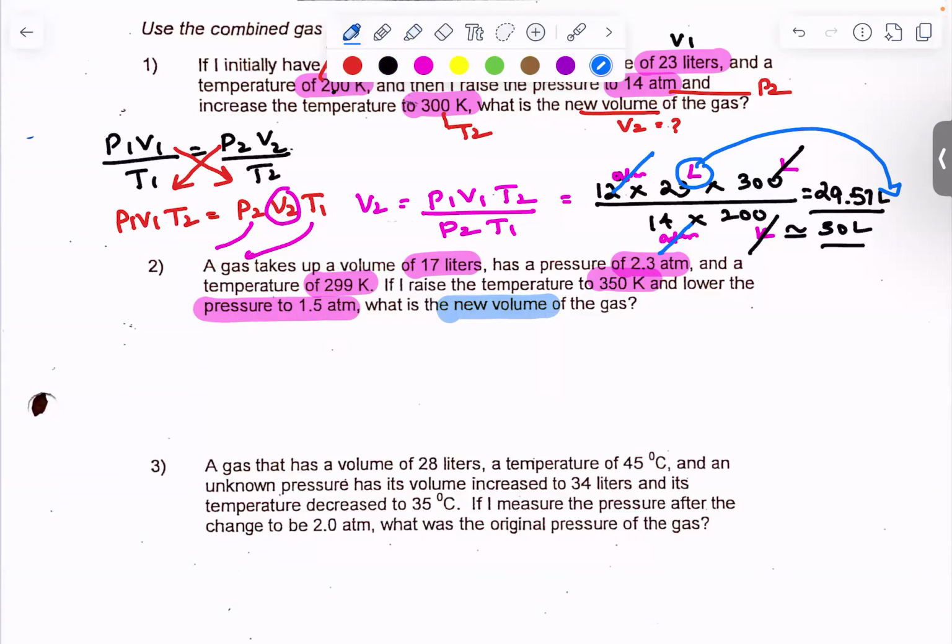P1 is 2.3 atm and V1 is 17 liters and T1 is 299 Kelvin. That equals 1.5 atm times X over 350. And then I can cross multiply.